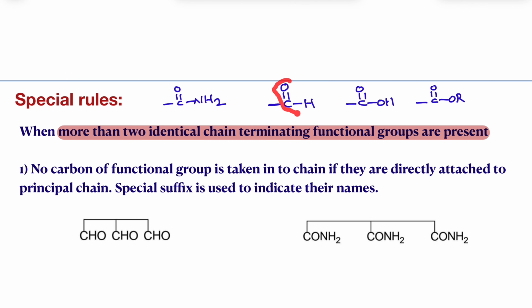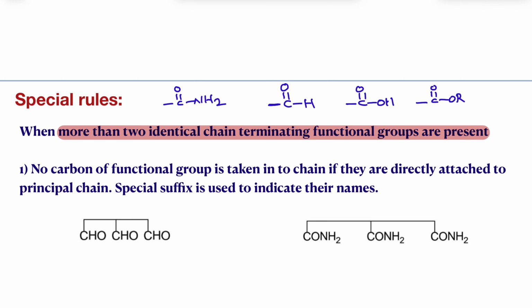Even in the aldehyde functional group, carbon's three valencies are fixed. We also have acid halide, cyanide, and some other examples. So these functional groups are said to be chain terminating functional groups. Whenever more than two identical chain terminating functional groups are present, we have to use these special rules.